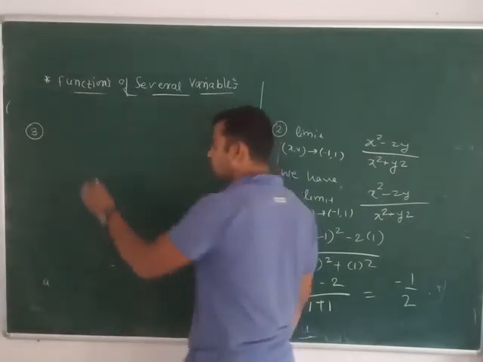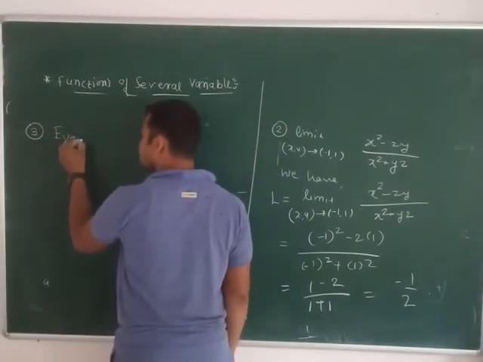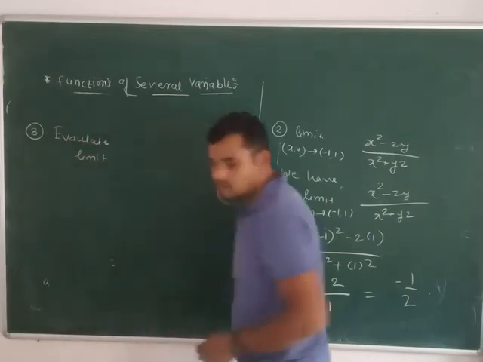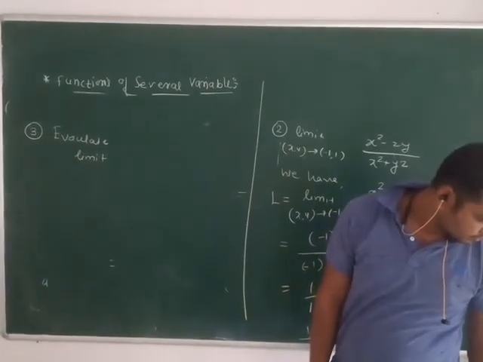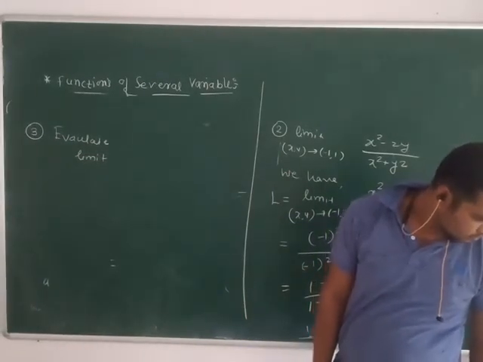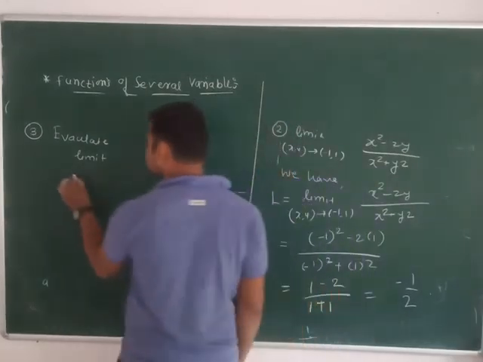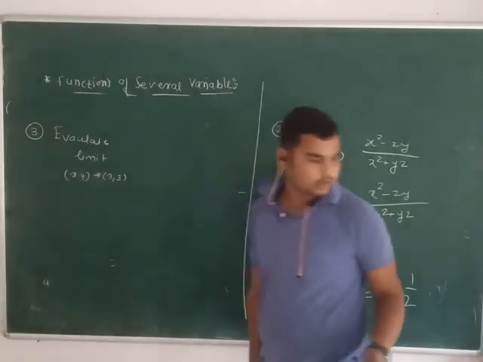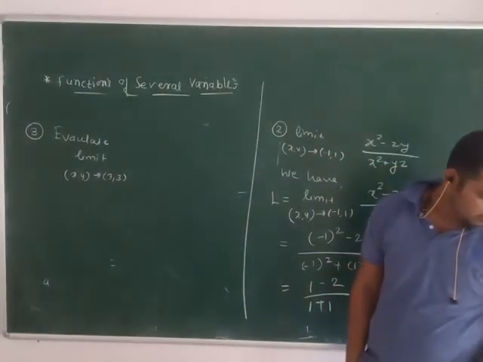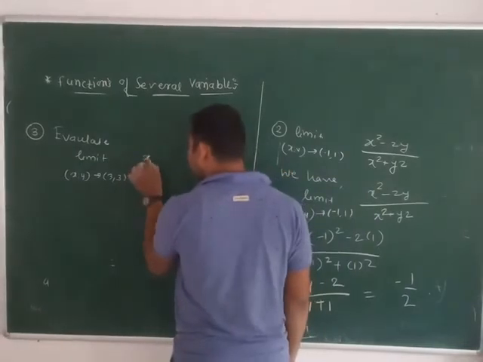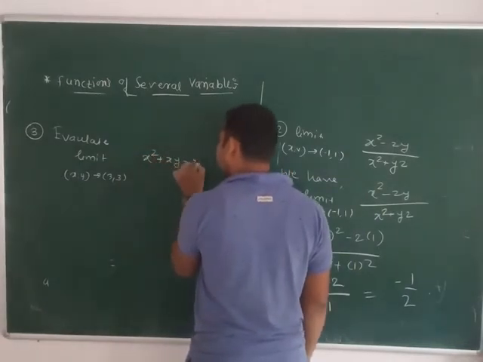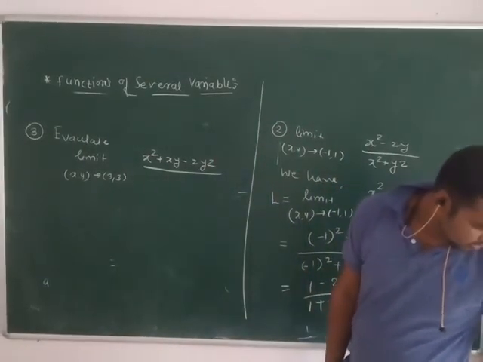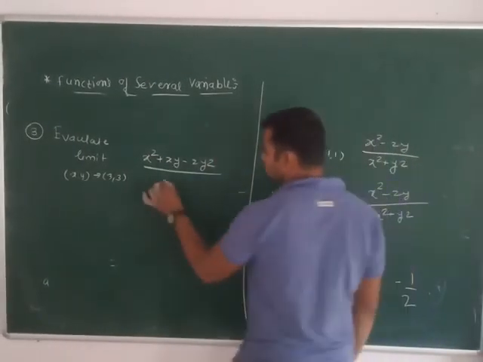Third one, evaluate the limit as (x, y) tends to (3, 3) of the function x square plus xy minus 2y square divided by x square minus y square.